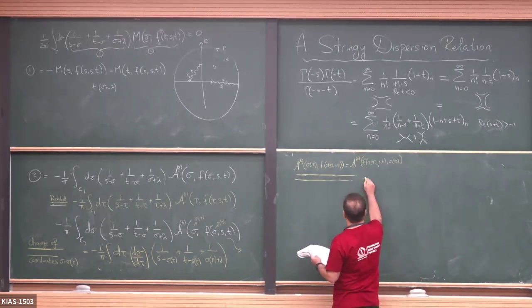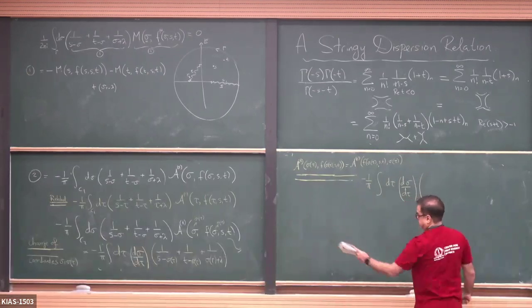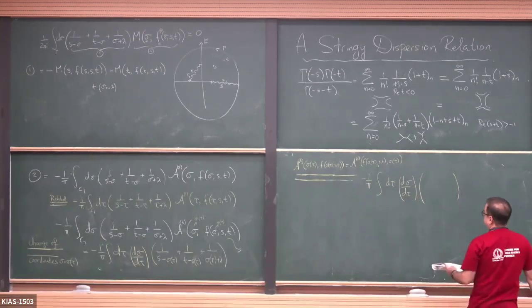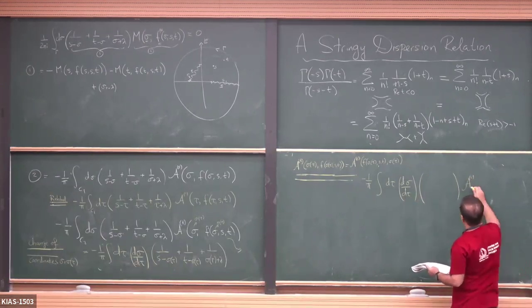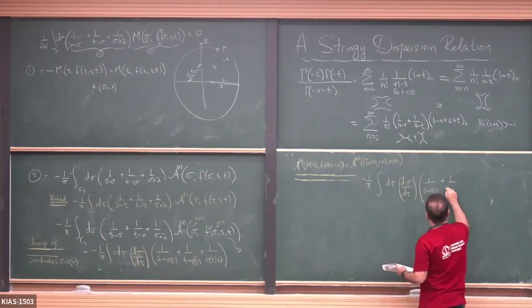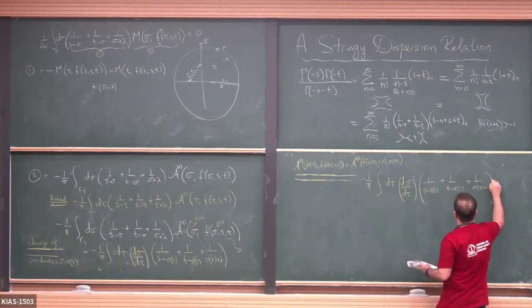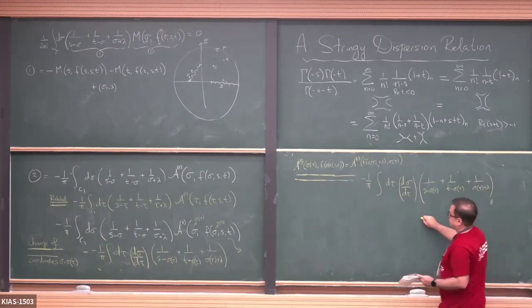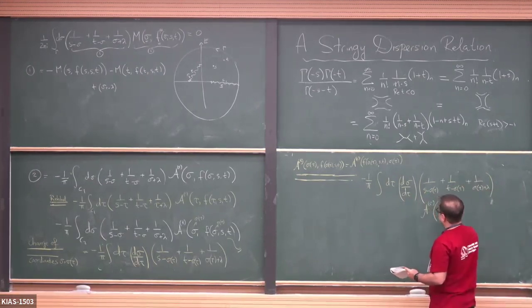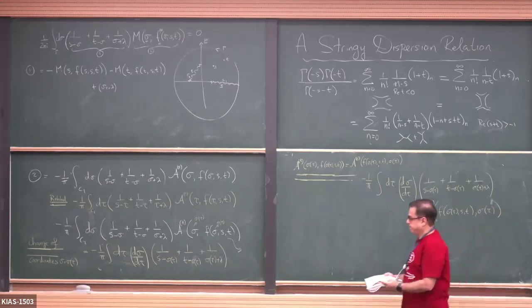So what you get is minus 1 over pi integral d tau d sigma d tau, that kernel there, times A of S. Okay, let's write it out. 1 over s minus sigma tau, minus sigma tau, 1 over sigma tau plus lambda, times A of S. Okay.